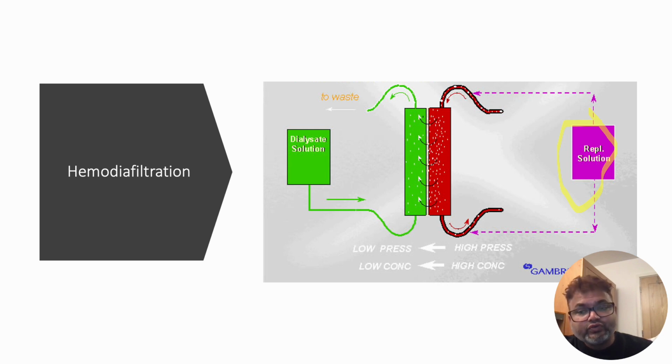There will be diffusion of solutes from the blood compartment to the dialysate compartment, but there will also be expulsion of the replacement fluid, which will drag solute with the solvent. So both mechanisms work together, leading to a mode called hemodiafiltration.